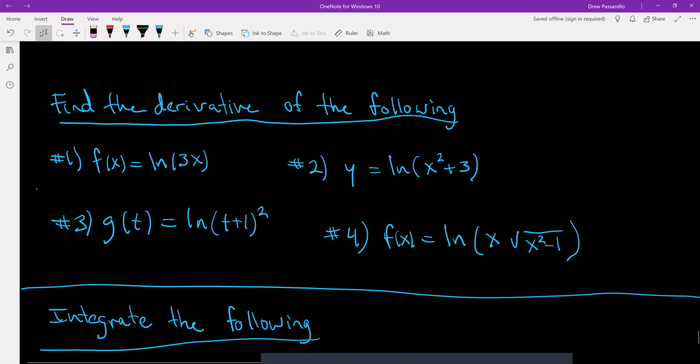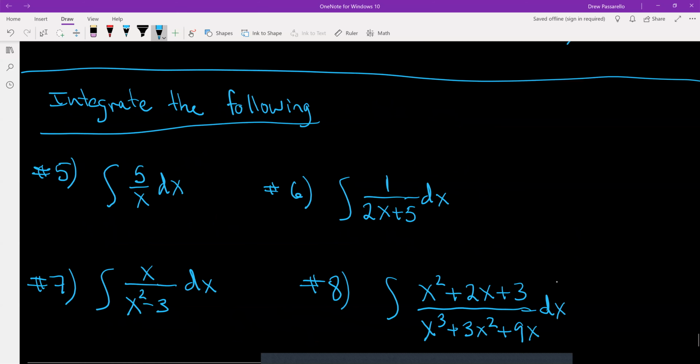Okay, and number 3, g of t is equal to the natural log of t plus 1 squared.